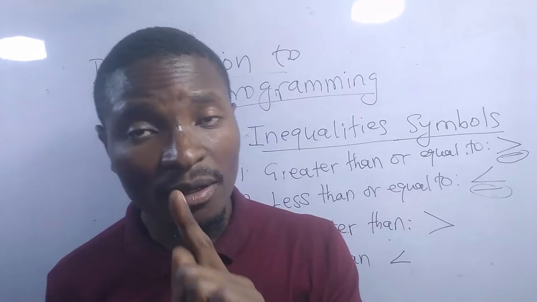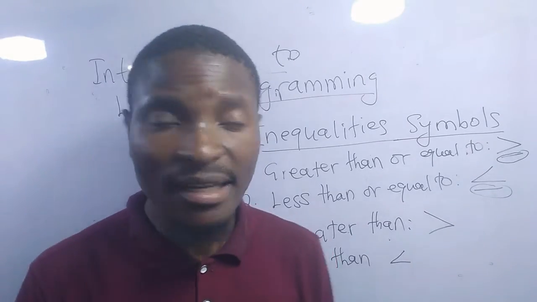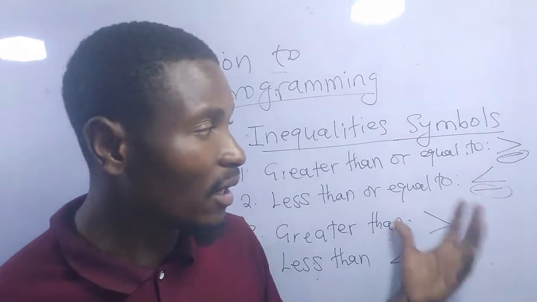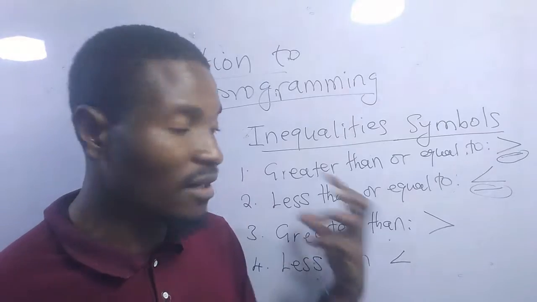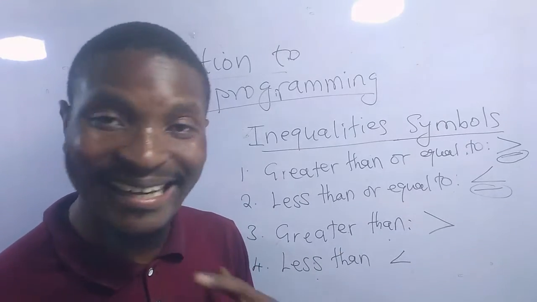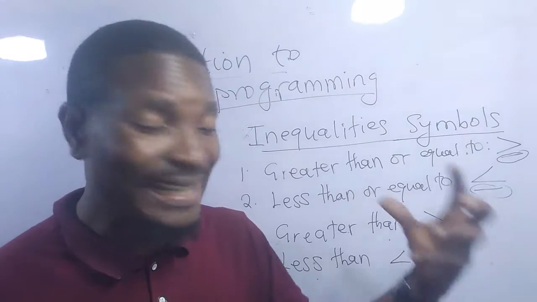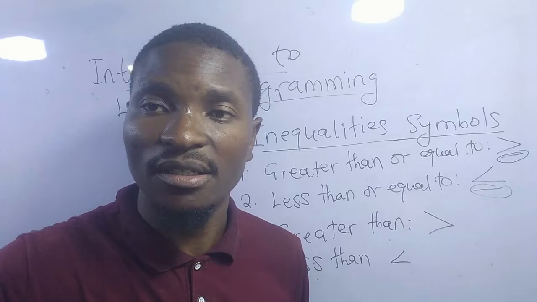So just pay attention. Let's now get into the examples of each of these, so that we see how we can begin to use the greater than or equal to symbol, the less than or equal to symbol, the greater than symbol, and finally the less than symbol. So just stay tuned and follow.